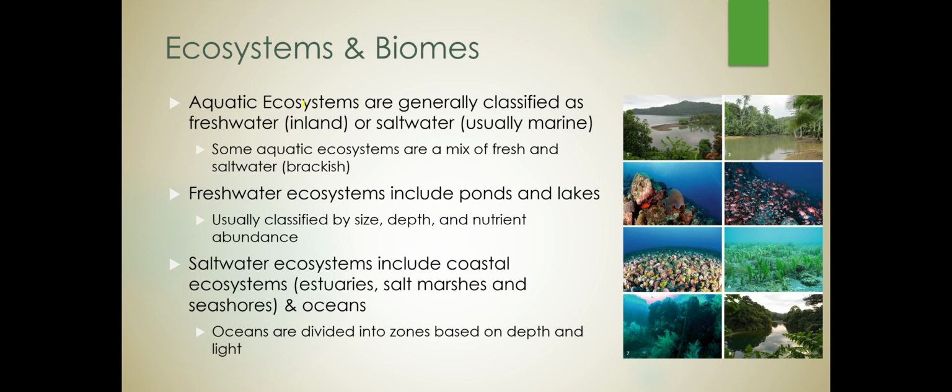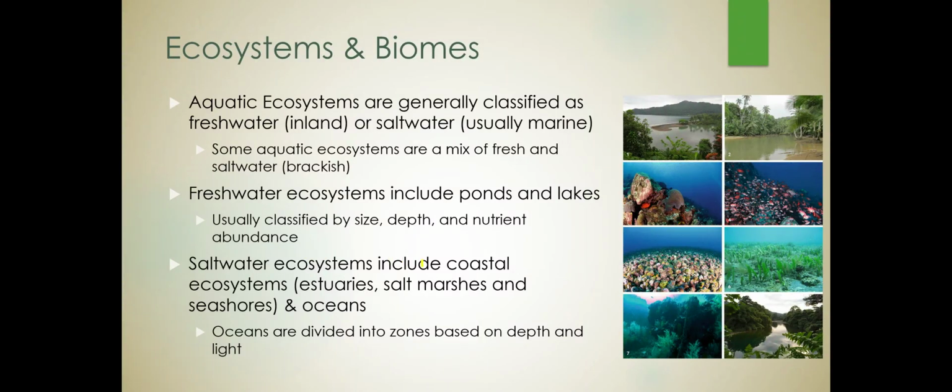Now, they're going to be kind of classified more based on, are they salty or are they fresh? How much light do they get? How much nutrients do they have? We can break them down into freshwater and saltwater. Your freshwater are going to be things like your ponds and your lakes, and we can look at those based on size and depth and the nutrient availability.